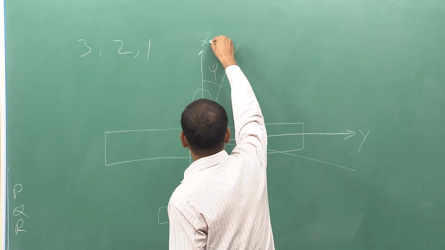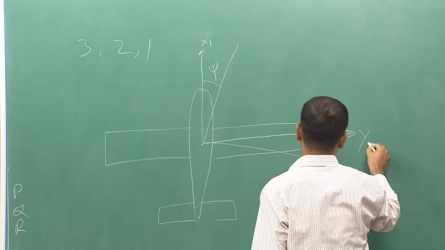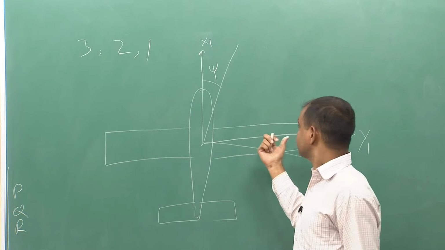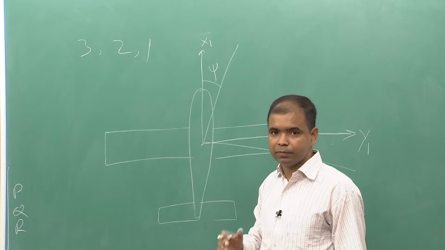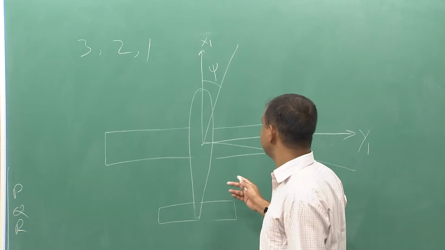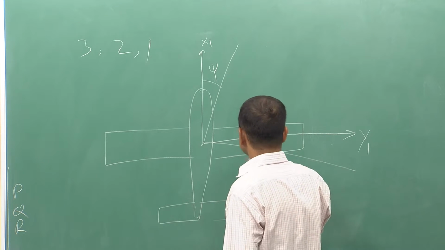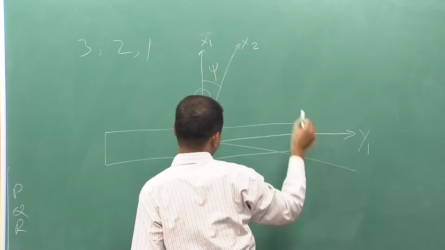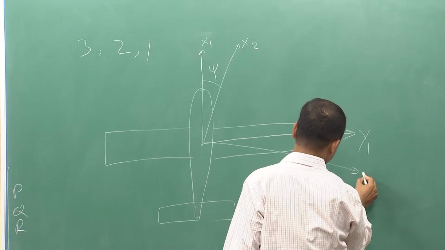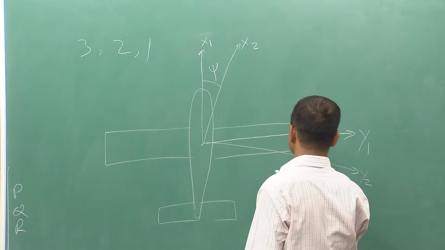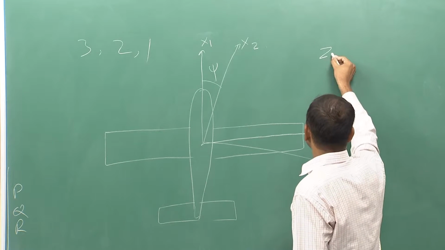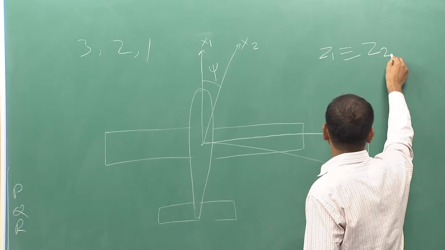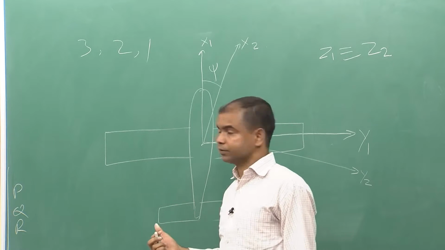Initially we were in the inertial frame, and suppose this was our x 1 and this is the y 1, we are representing the inertial frame with x 1 and y 1, and finally we are trying to come into the body frame, and that will be our x, y and z. In between we have this frame called x 2 and y 2, and for this rotation the z will remain common, z 1 is equivalent to z 2, because we are rotating about this z axis only.